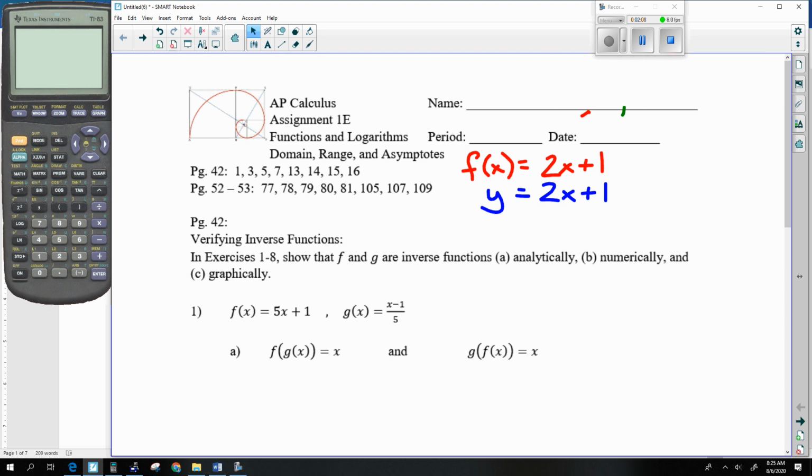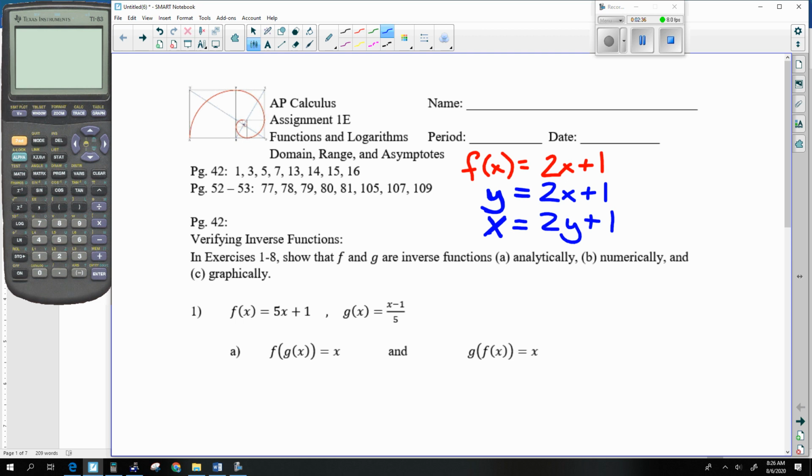Okay, back to my other example. If I know that y is equal to 2x plus 1, that implies that the inverse is x is equal to 2y plus 1. And then what is asked of us is just to manipulate this new inverse equation and resolve it for y.